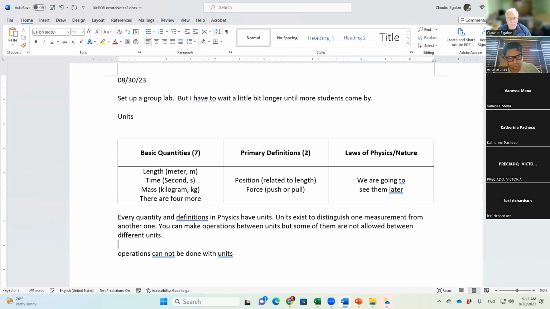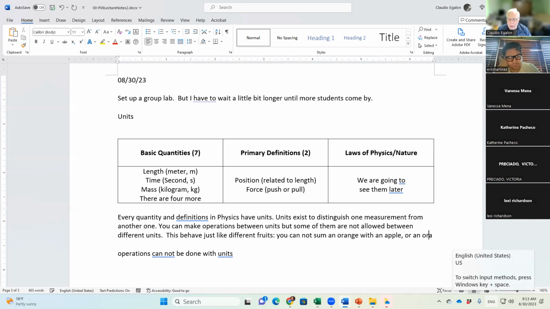This behaves just like different fruits, right? You cannot sum an orange with an apple, or an orange with a pineapple.